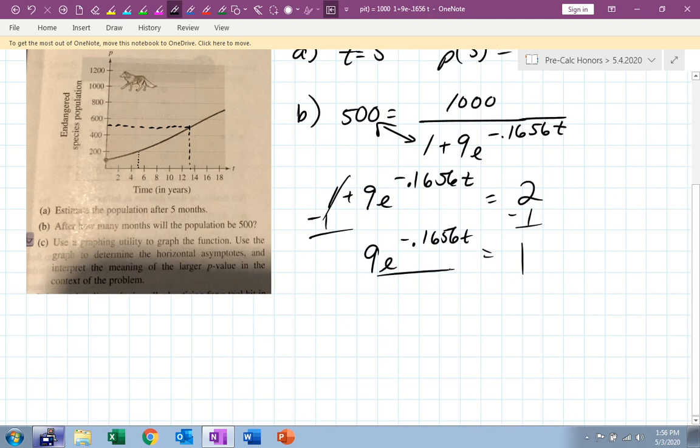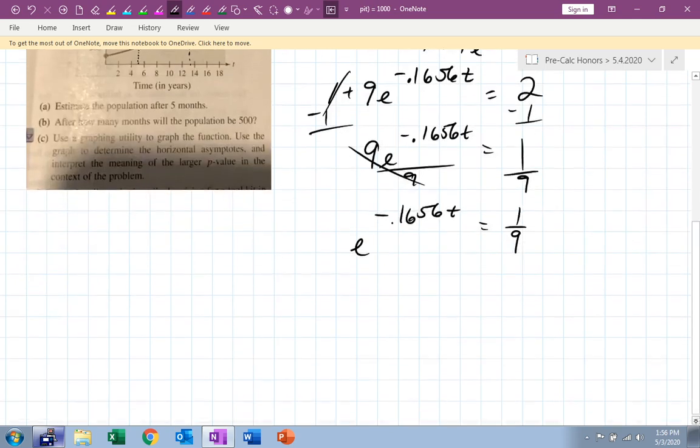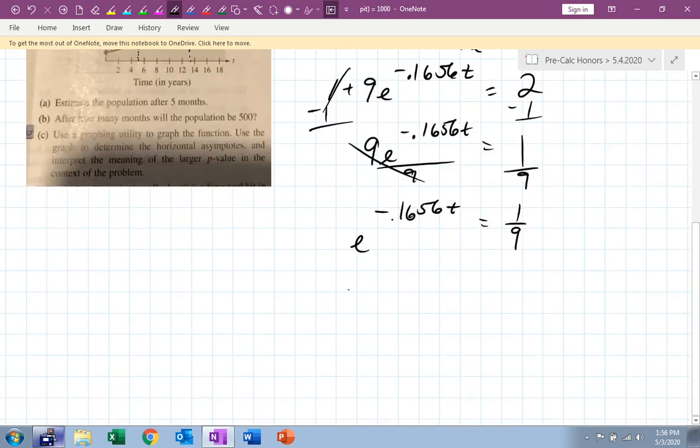Divide both sides by 9. So I get e to the negative 0.1656t is equal to 1/9. And I have to do the ln. I feel like we're doing the same steps over and over again. Negative 0.1656t equals the ln of 1/9. I don't know what the ln of 1/9 is, but I know it's some decimal.